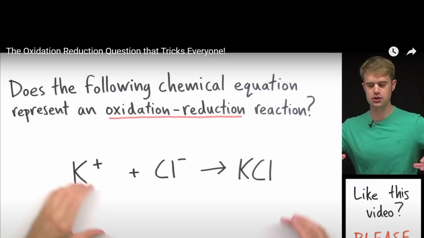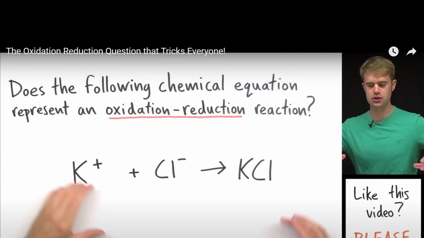What's the oxidation number of K on the left-hand side? It's got a +1 charge, so the oxidation number is +1. What's the oxidation number of K over here? It's part of a compound. What's the charge of K when it's in a compound? +1.